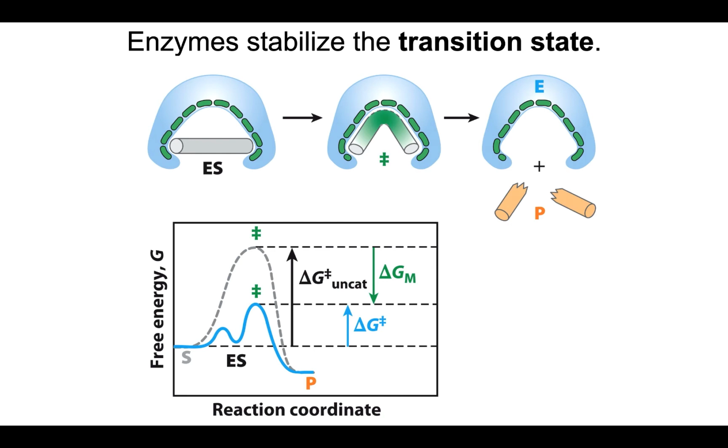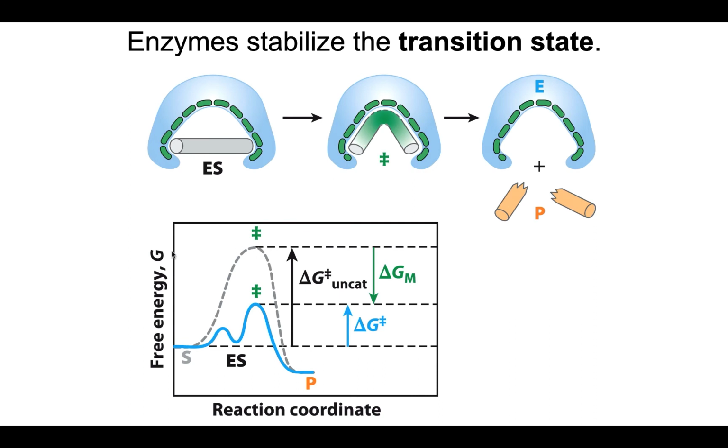So if we now create this magnet enzyme that, instead of stabilizing the substrate, stabilizes the transition state, it has some interactions with the substrate. It can bind the substrate, but it really stabilizes the transition state of that substrate. And again, when you stabilize something, you reduce the energy.